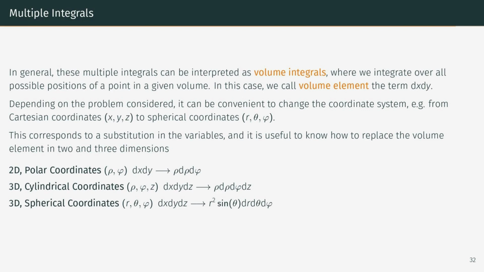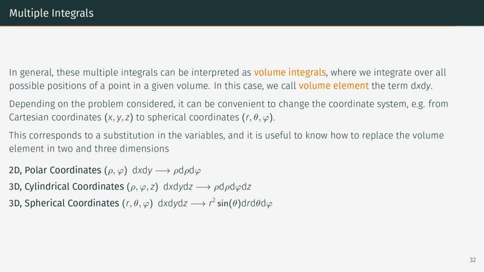First, we have 2D polar coordinates, which have rho and phi. In this case, dx dy is transformed into rho d rho d phi. Then we have 3D cylindrical coordinates, which use rho, phi, and z.